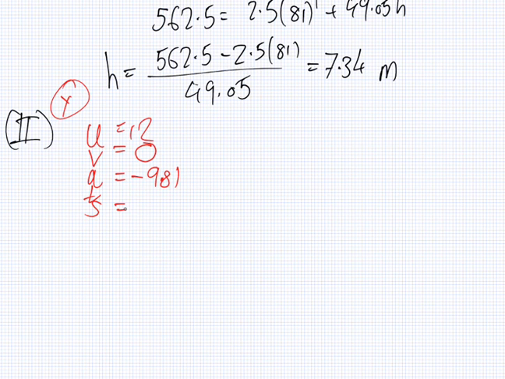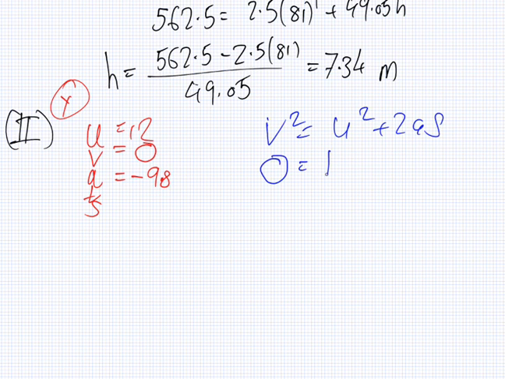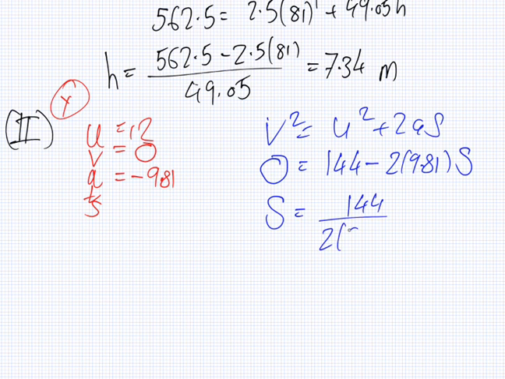And the S? We don't know. That's what we want. So we have V equals U plus AT, so what's the T? You know what, I don't even need to do that. I can just use V squared equals U squared plus 2AS. 0 equals 144 minus 2 times 9.81 times S, so then S equals 144 over 2 times 9.81.